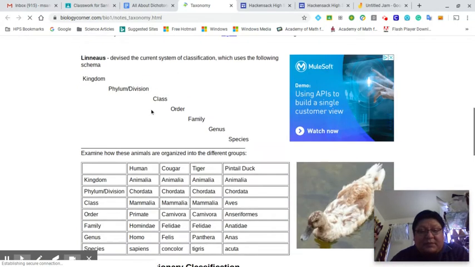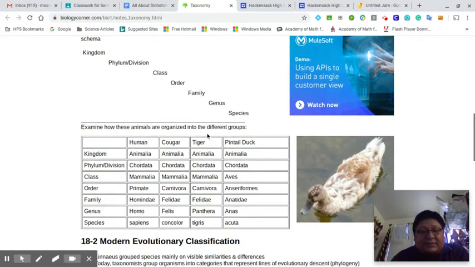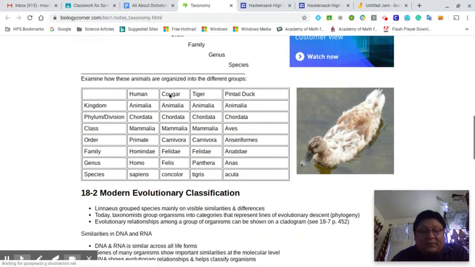You remember this from yesterday, the 7 levels of classification from kingdom to genus and species. Here we go. We use those 2 for the scientific name. Here are some examples. Once again, human being, a cougar, a tiger, a duck. We may all belong to the same kingdom.